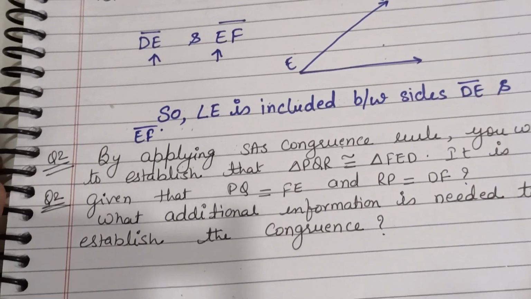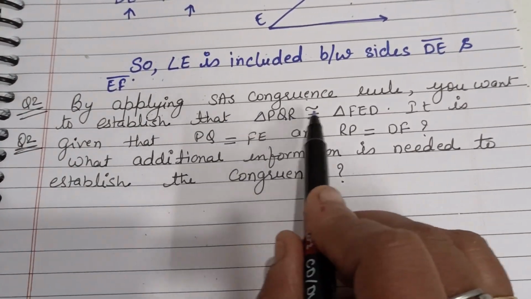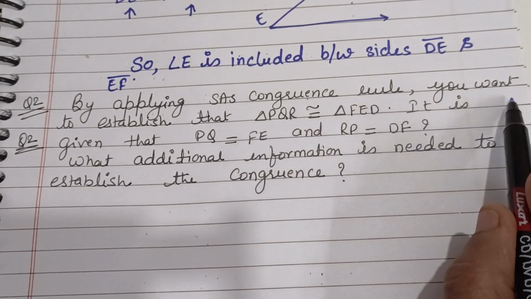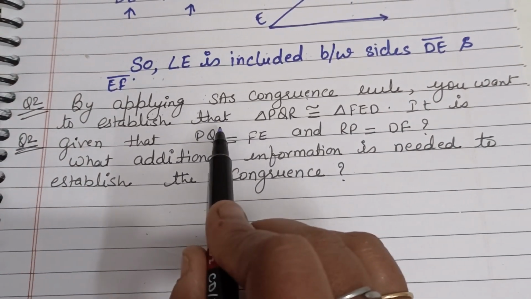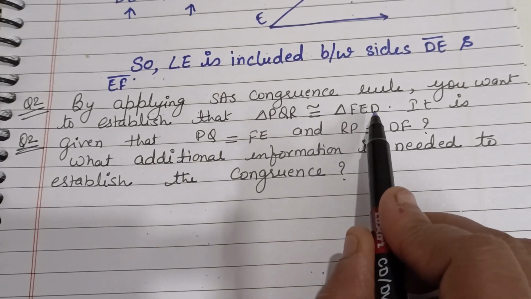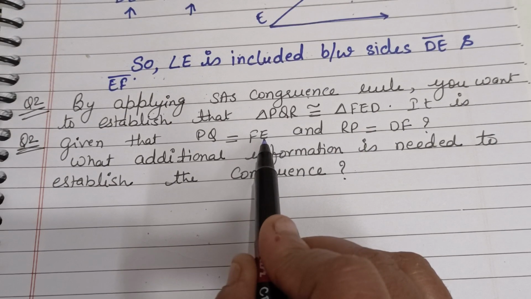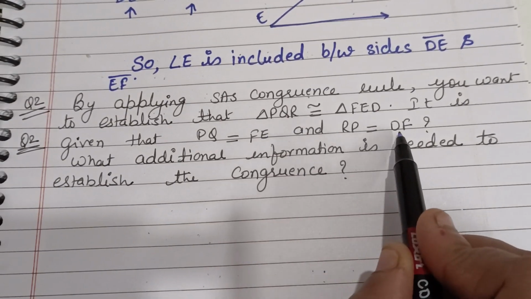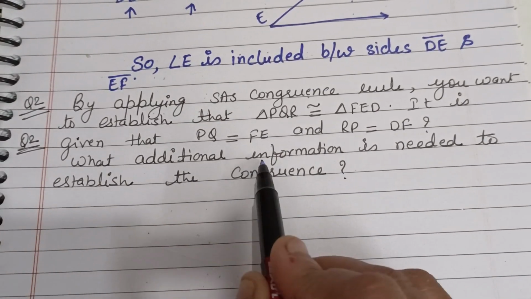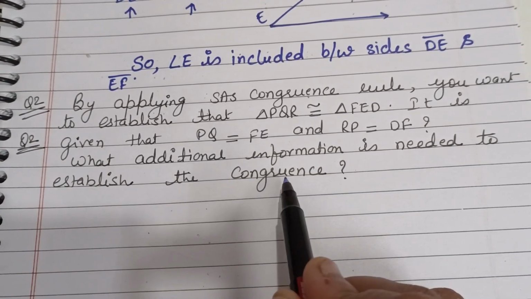Now we are going to talk about the second question. By applying the SAS congruence rule, you want to establish that triangle PQR is congruent to triangle FED. It is given that PQ equals FE and RP equals DF. What additional information is needed to establish the congruence?